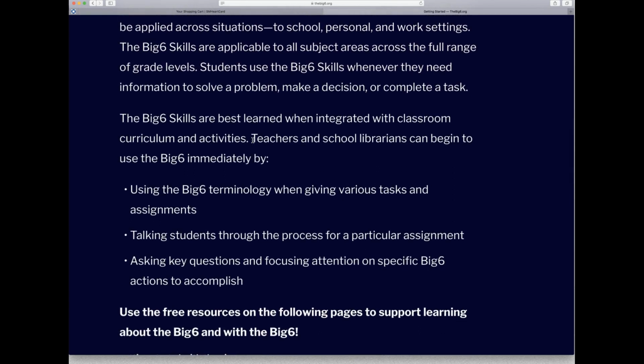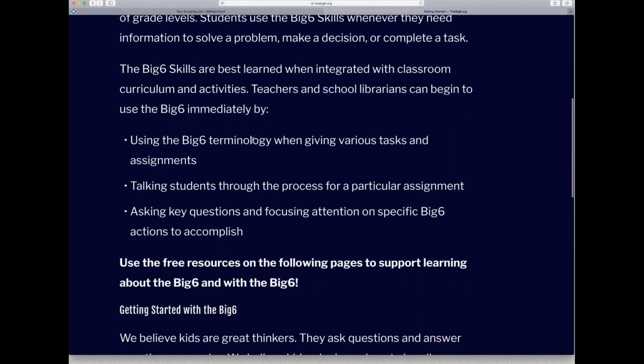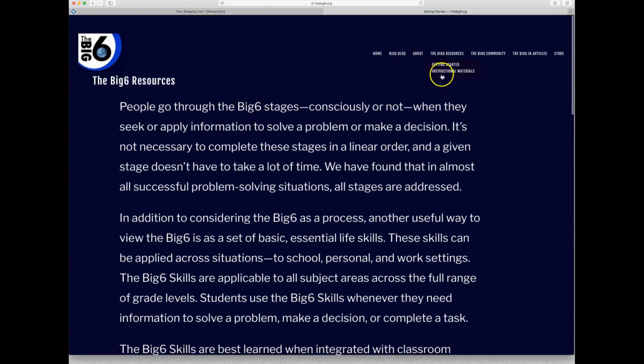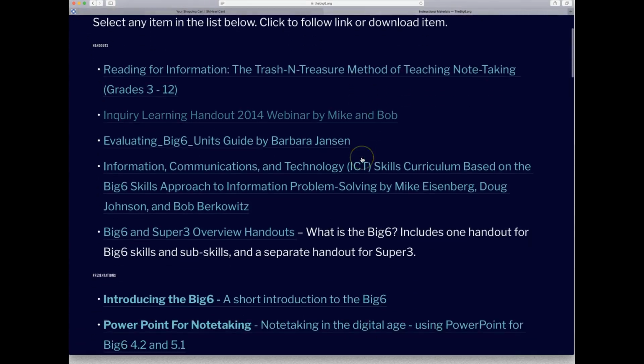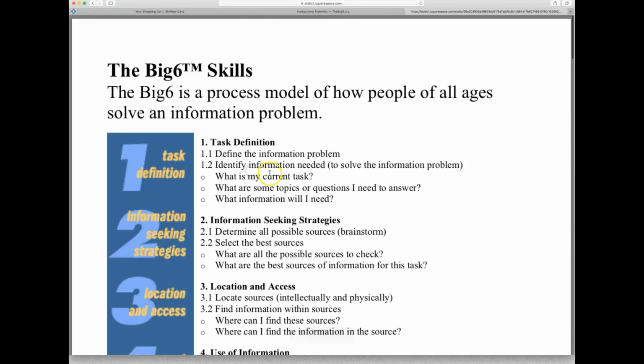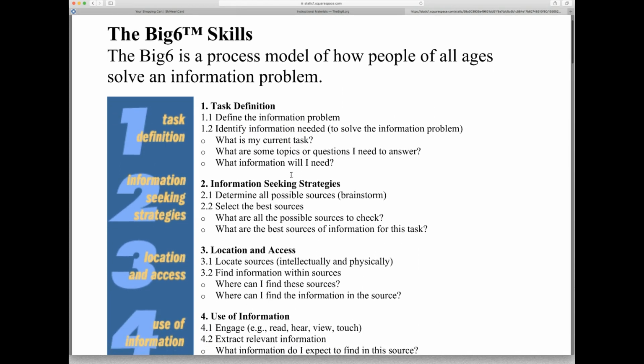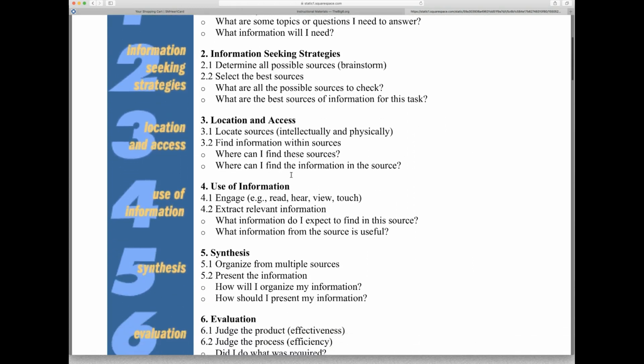So when you are starting a process, identify the steps in whatever they're doing in that particular assignment. And then there's some great instructional materials here, including these handouts. And this is the more grown-up version of the Big Six.